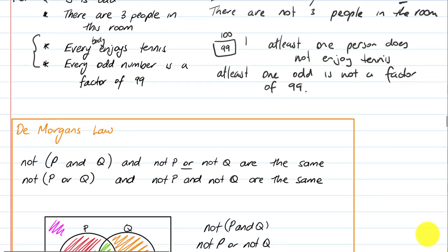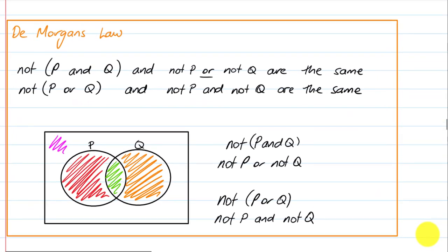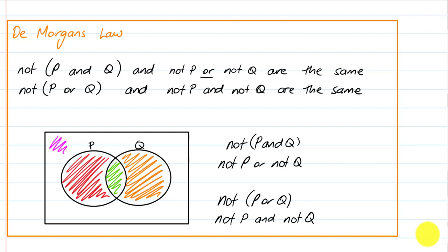Now let's talk about De Morgan's law. This is what it's called, but you probably won't see that language used all that much. De Morgan's law is that not (P and Q) and (not P or not Q) are the same. Let's have a look at this Venn diagram first of all. P and Q is the green bit. And the same as the green bit is not pink, red, or orange.